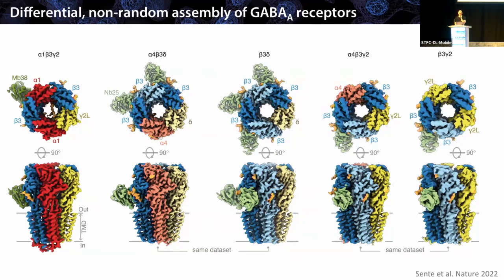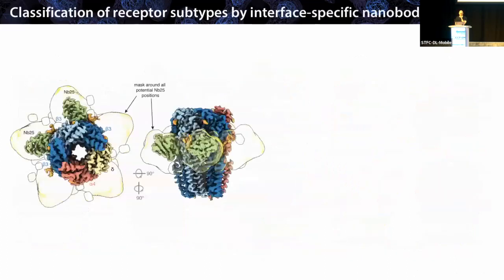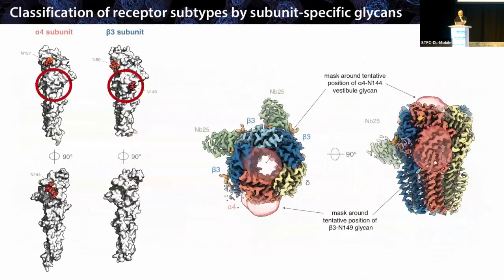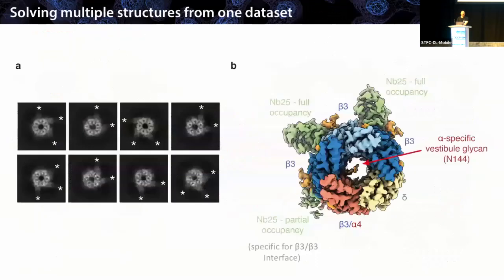I think the glycosylation and the classification based on the glycosylation. How uniform is the glycosylation? There are subunit-specific differences in glycans between the subunit groups.